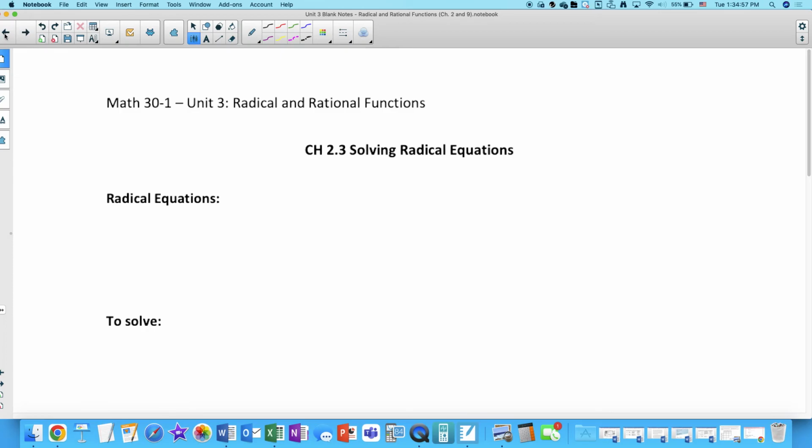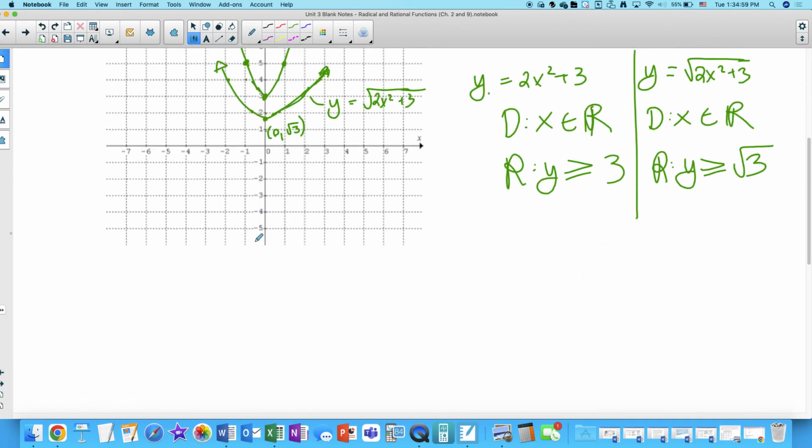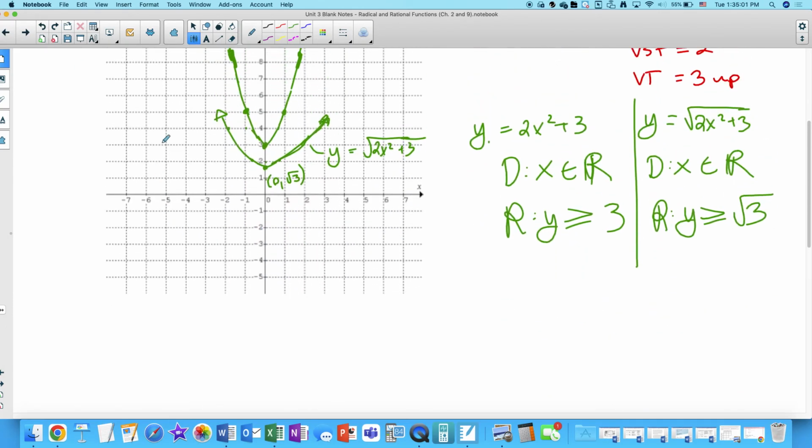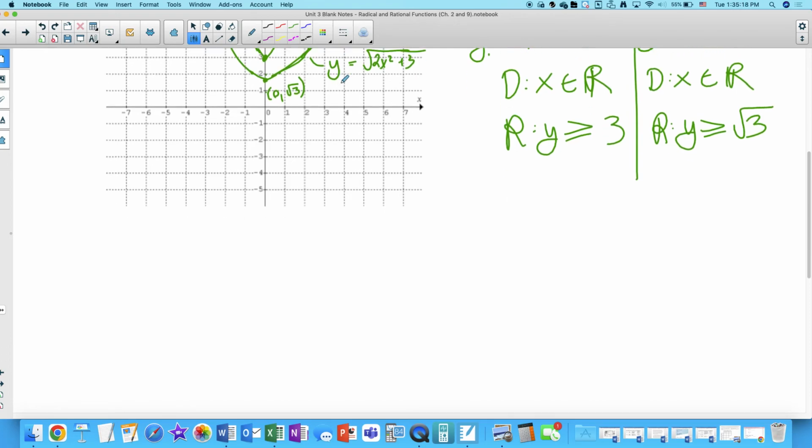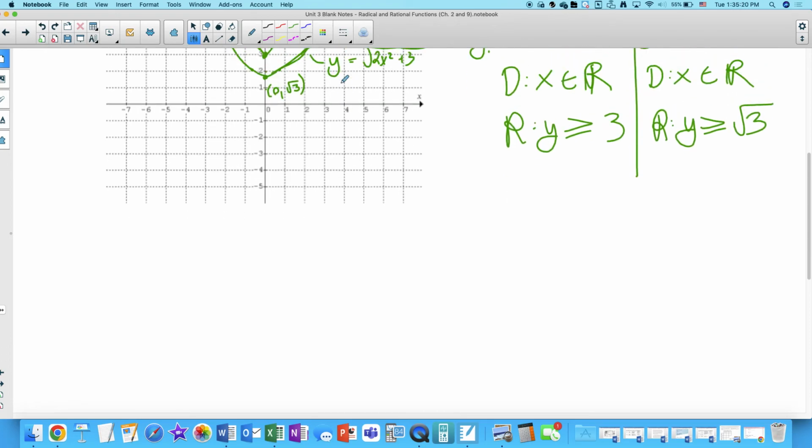So that's it actually for today. But I do sort of want to talk about what you might see when you graph various parabolas and their radicals. I want to try and generalize this because we can make some generalizations based on the position of the original parabola.